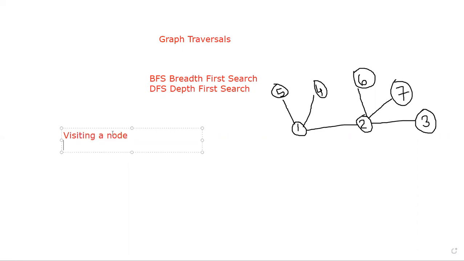Visiting a node is an important task. And then after visiting, you have to explore it. Exploration of a node is another important task. So you have to visit a node and then you have to explore all other nodes associated with this visited node. So likewise, you have to take care of these two important points: visiting a node and exploration of a node. So let us see how you are going to do that in BFS.